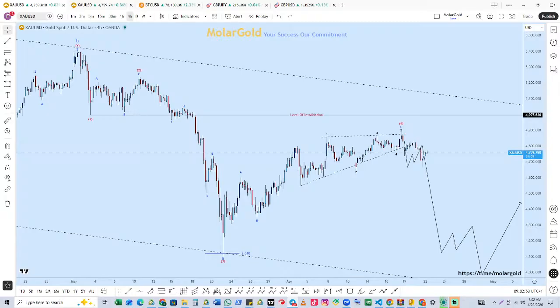That is how I gave you the sell call, which gave about 1,600 pips. And then I did that again, another sell call, which gave another 1,000.